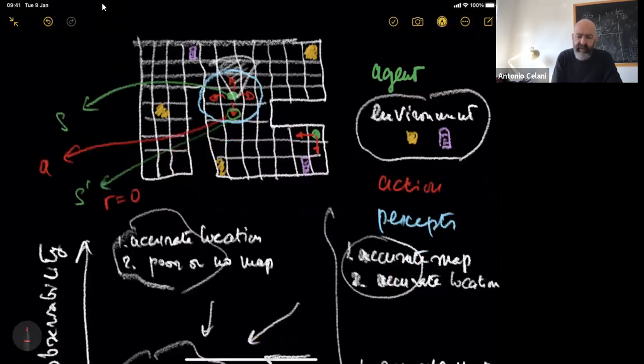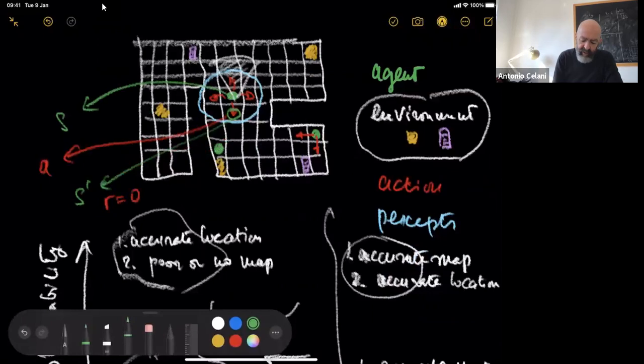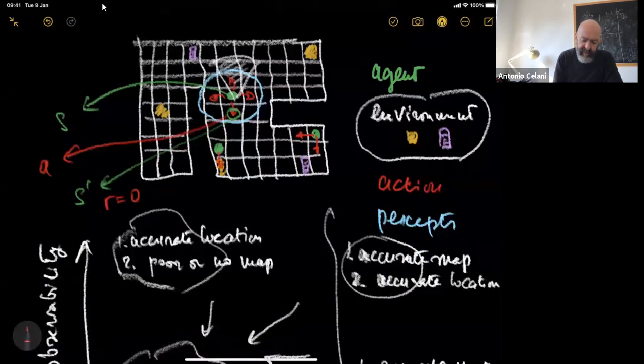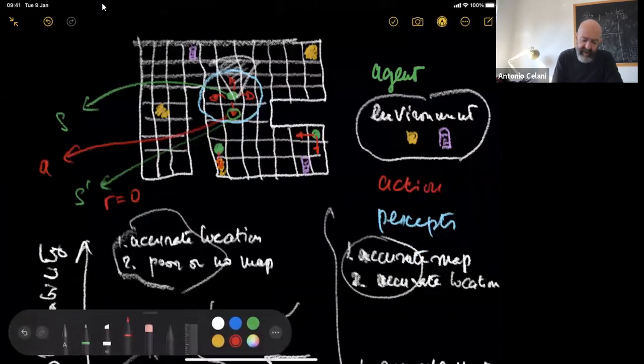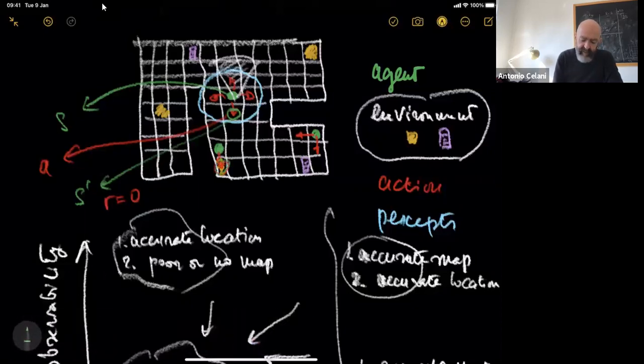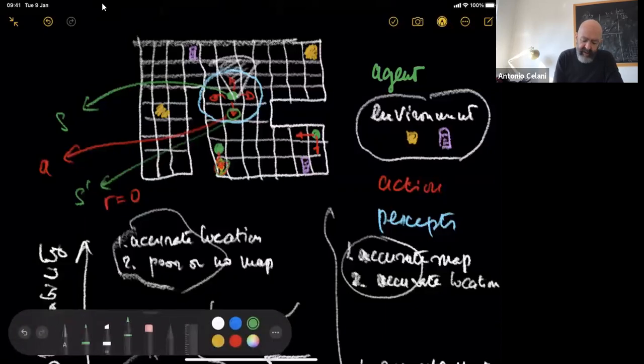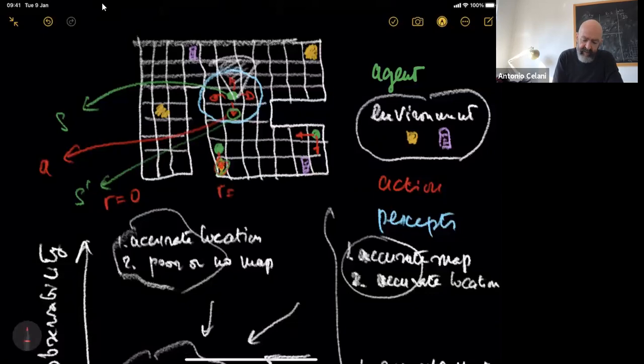And if you were here, for instance, if your robot was here and it took a move down, and therefore it ended here, then in this case, the reward would be, say, 1. Or if it goes to the charger, maybe the reward is 10 because it's charging. Whatever, you decide how to attribute this.